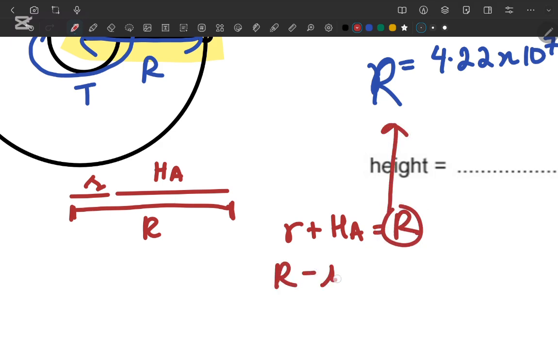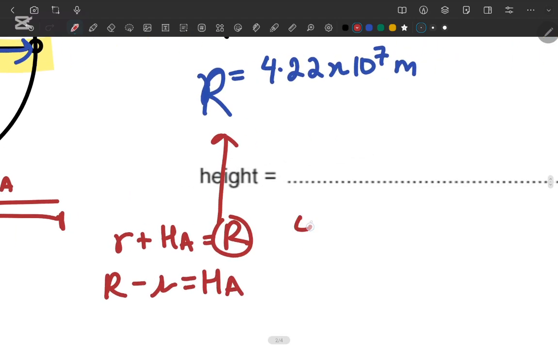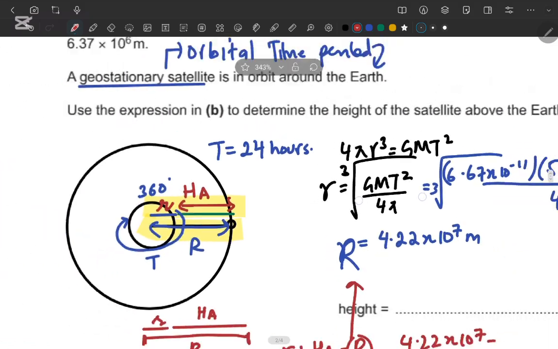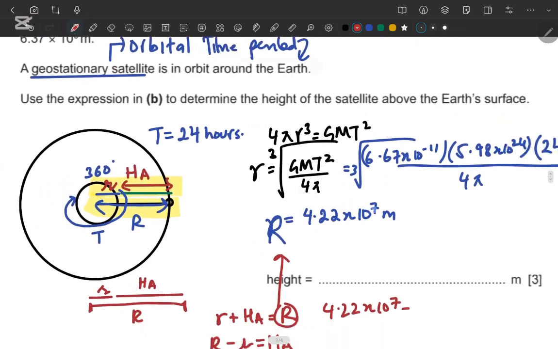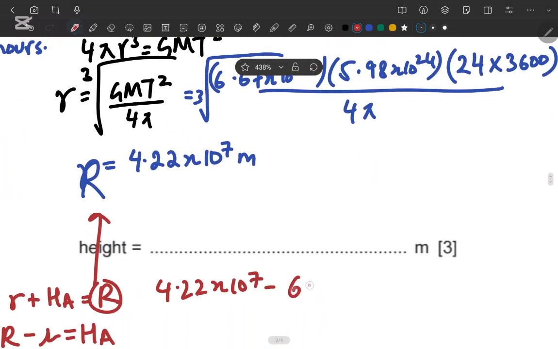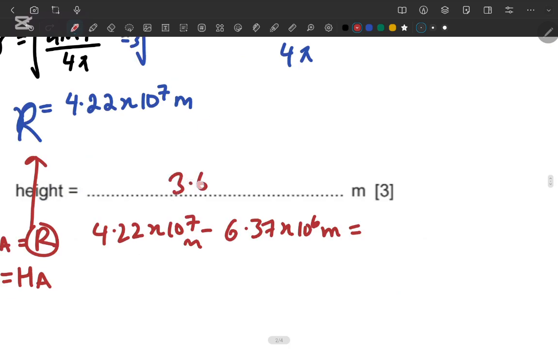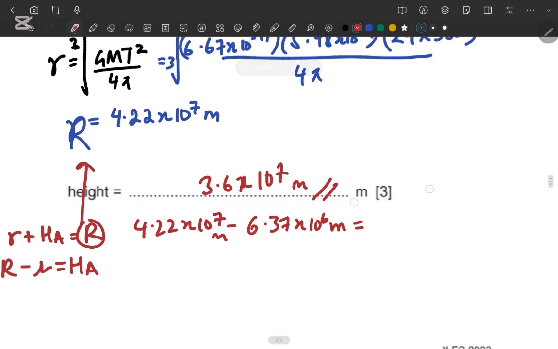Then R minus the radius will give me the altitude. So I'm going to take 4.22 times 10 to the power of 7 minus the radius they gave us, which is 6.37 times 10 to the power of 6 meters. I'm going to get a value of 3.6 times 10 to the power of 7 meters.